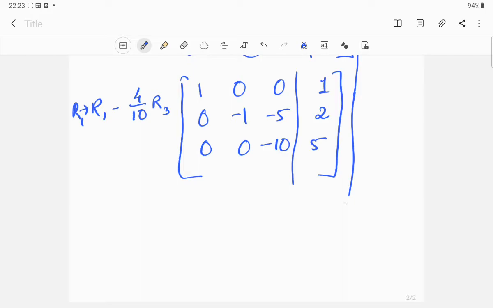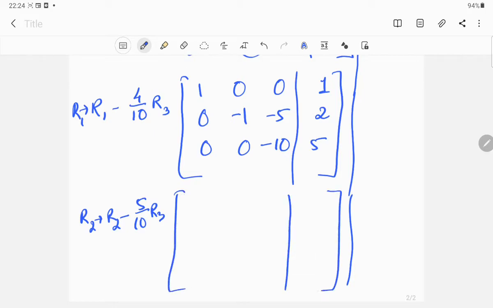next thing that we are going to do is R2 goes to R2 minus 5 by 10 R3. So this time again we need to solve that. So 1 0 0 1. Okay, and 0 minus 1 minus, sorry, it will change, definitely it will change.